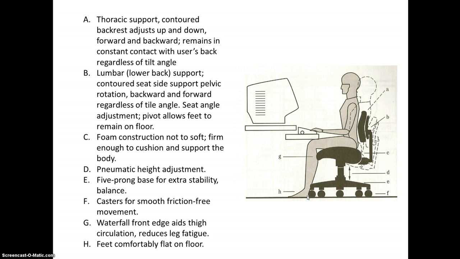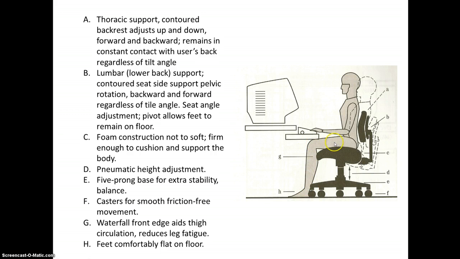Now, I'm assuming that you're sitting at your computer watching this video, so let's look at how we should sit to be ergonomically correct. First thing, uncross your legs, put both feet on the floor, uncross your ankles, both feet flat on the floor. If you have an adjustable chair, adjust it to where this is sitting comfortably. You're not on your toes or your feet aren't swinging up here.